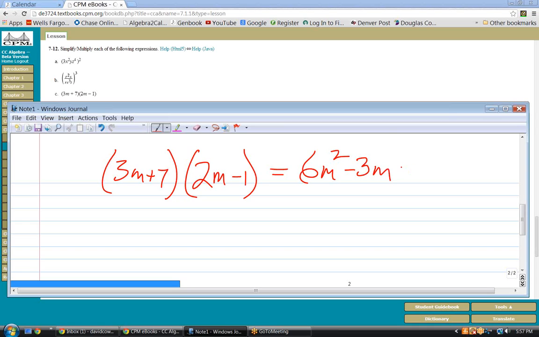And then plus 14m, and then -7. Okay, and now simplify that. 6m squared plus 11m minus 7. Good.